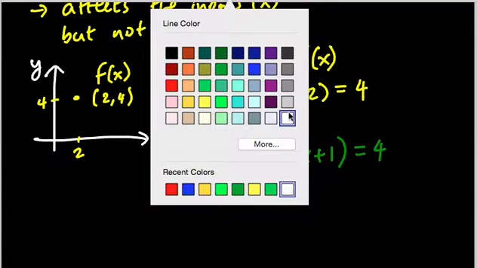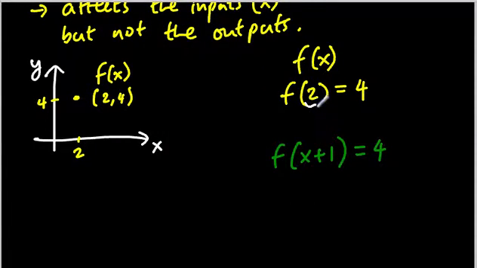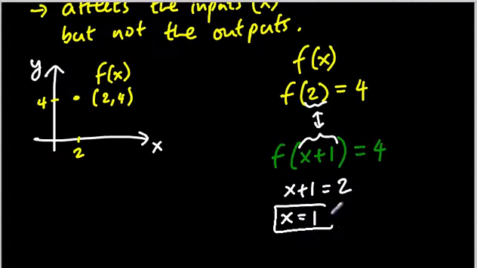Let's take a look at this. If this value is 2, which must mean this value is also 2, so they're equivalent. So x plus 1 is equal to 2. In other words, x is equal to 2 minus 1, which is 1. That's really interesting.